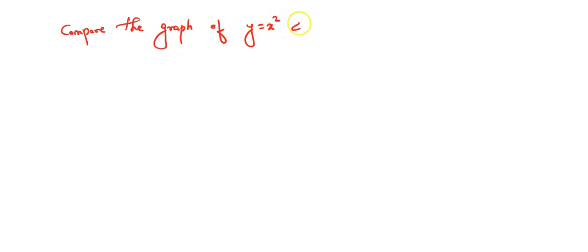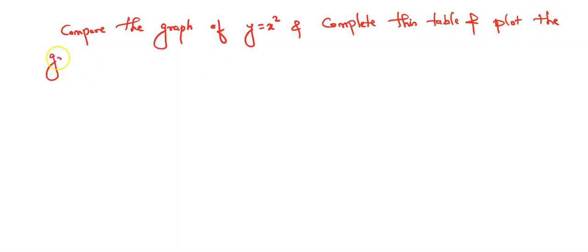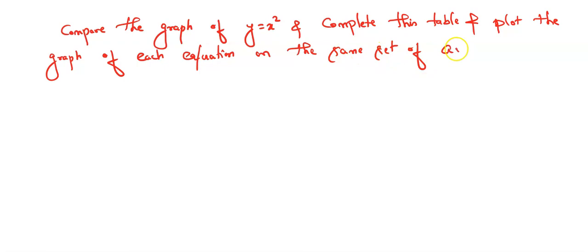Compare the graph of y equals x square and complete this table and plot the graph of each equation on the same set of axes. So you have to compare the graph of y equals x square, complete this table and plot the graph of each equation on the same set of axes.